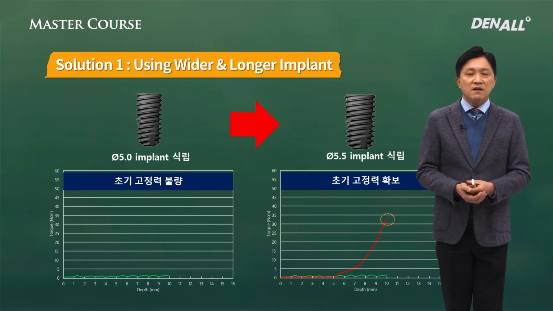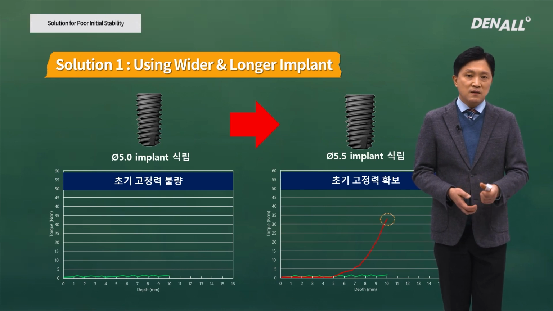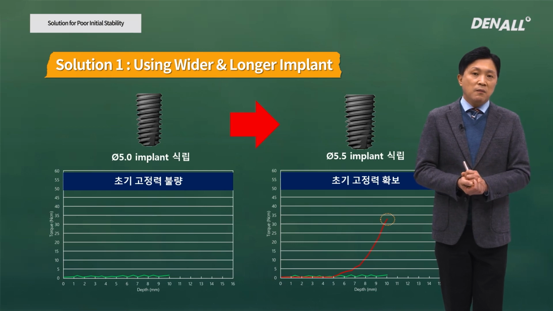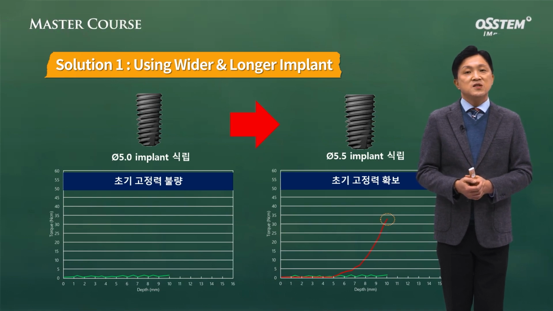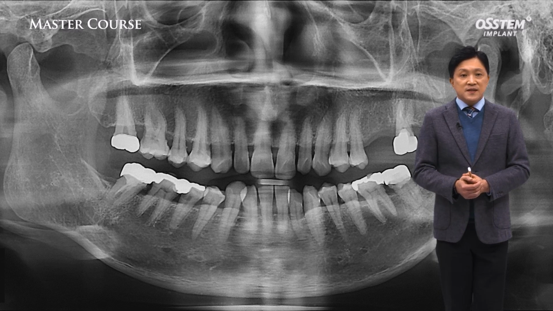So when we use a wider implant, initial stability can be increased. That is the most commonly used way to address poor initial stability. But if buccolingual width or implant mesiodistal distance is lacking, the use can be restricted.